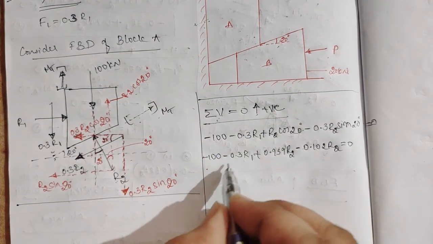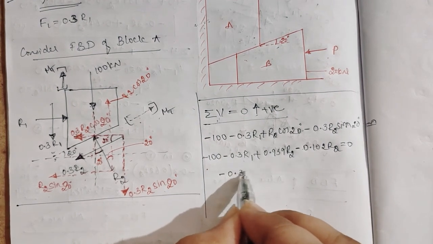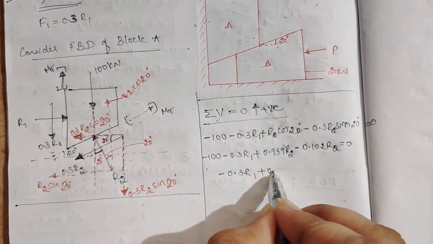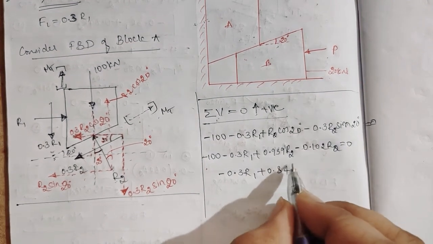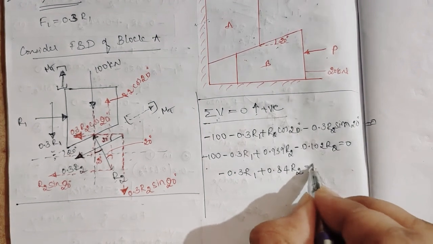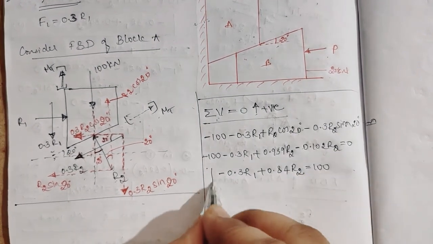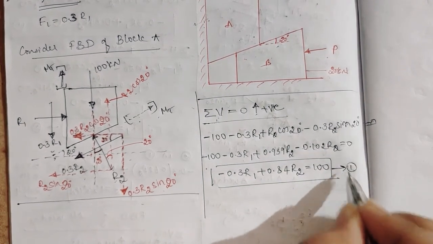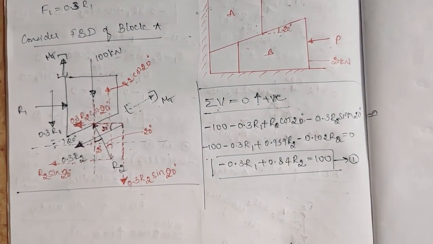Therefore you will get 0.3 R1 plus 0.84 R2 is equal to 100. So let this be equation number 1.